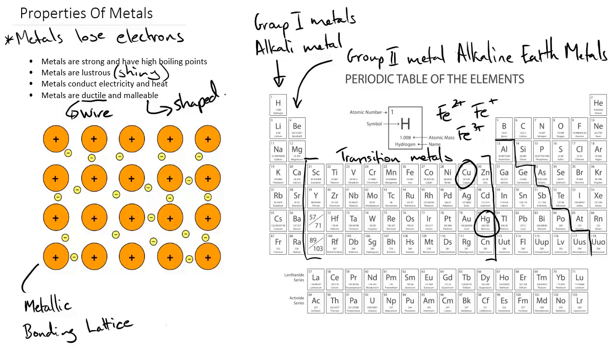So let's choose something like magnesium, for example. Magnesium contains 2 valence electrons, and therefore, if we draw it out, it's in period number 3, so it has 3 electron shells.